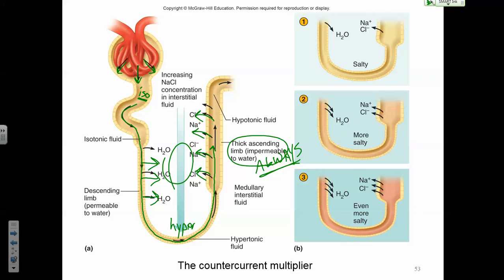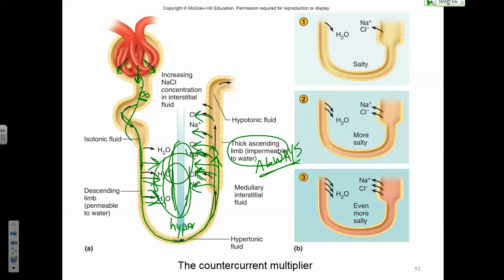As it comes up, any salt that's there is going to pump out, pump out, pump out. The salt doesn't cycle. It stays in here. Any salt that's pumped out is coming from the blood. It keeps pumping, so it gets saltier and saltier, and water can continue to move out. I know I'm making a mess here.